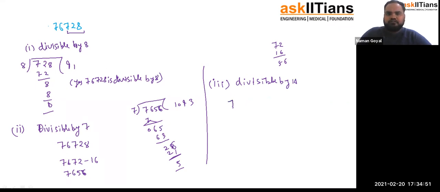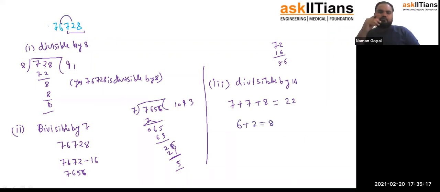What is the sum of odd places? 7 plus 7 plus 8, which is 14 plus 8, that is 22, right? And 6 plus 2 is the even place sum, which is 8. If you subtract 8 from 22, how much do you get? 14. The difference you got is 14, and 14 is not divisible by 11. So we can say that the number is not divisible by 11.